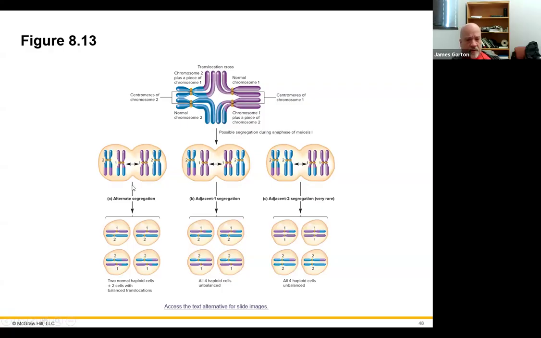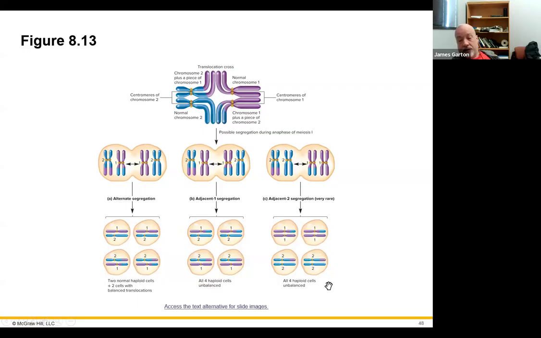And in alternate segregation, it's basically going to be normal. In adjacent one, you can look at these cells that are made, and well, these down here have more purple than blue, and these up here have more blue than purple.